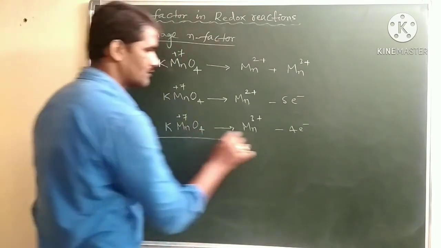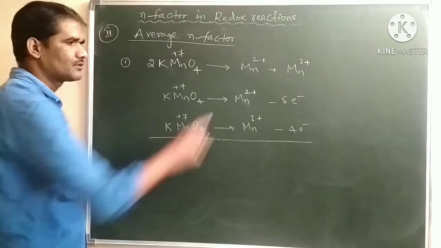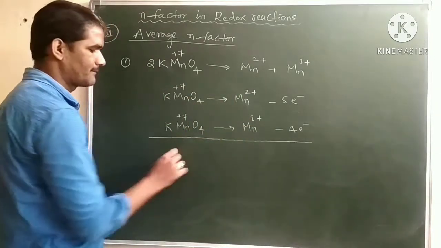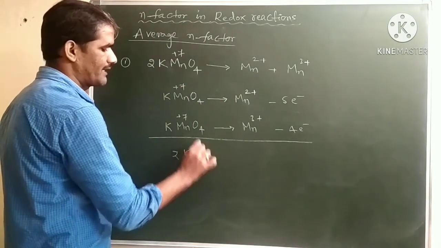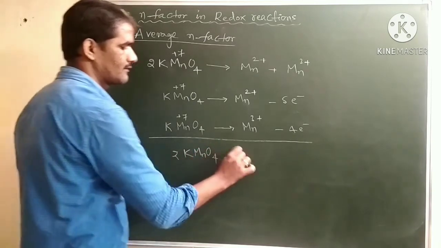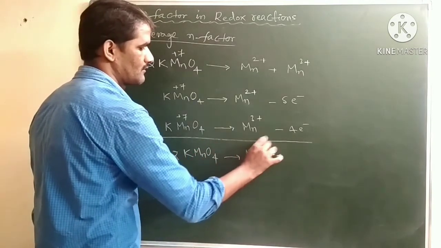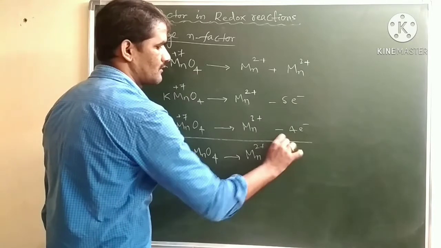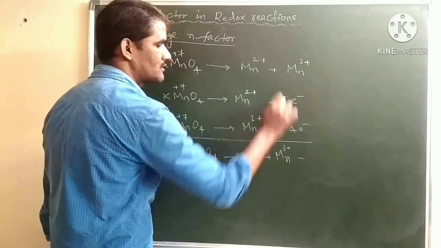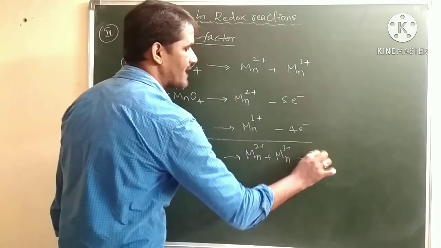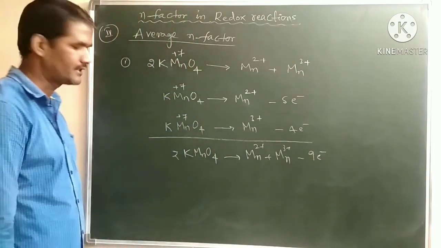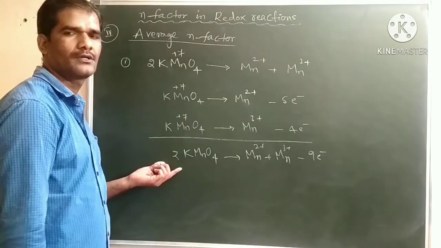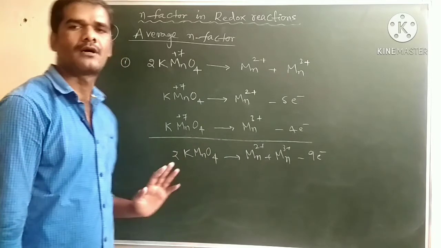Now overall, to convert KMnO4 to Mn2+ and Mn3+, how many electrons are involved? The total electrons transferred by these molecules is 9 electrons. So here 2 KMnO4 take 9 electrons.